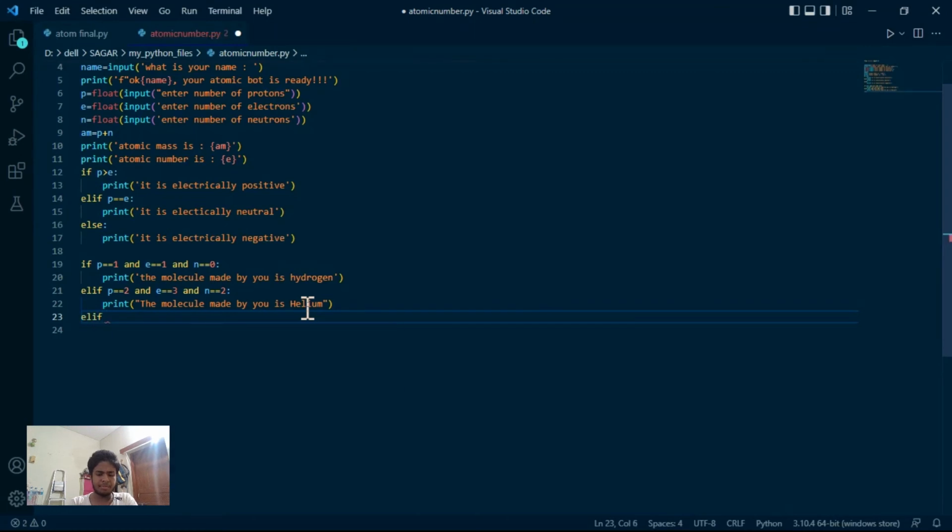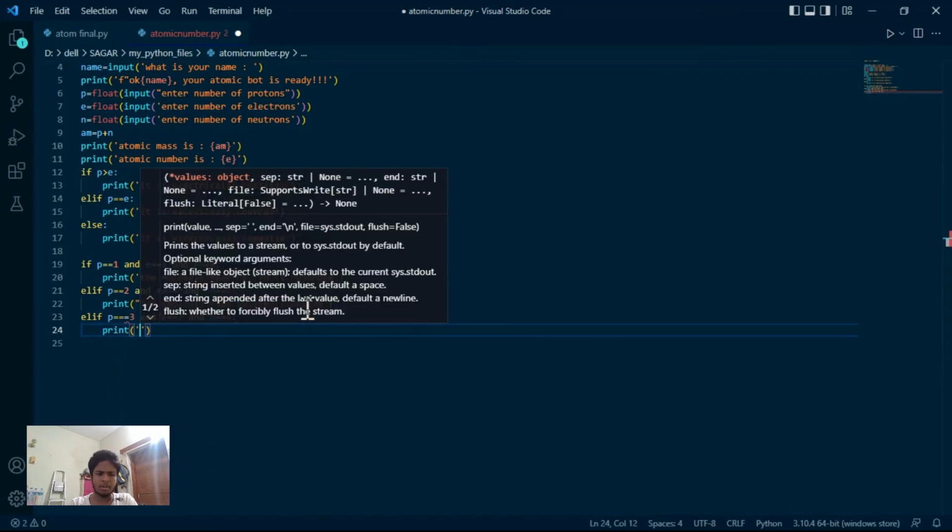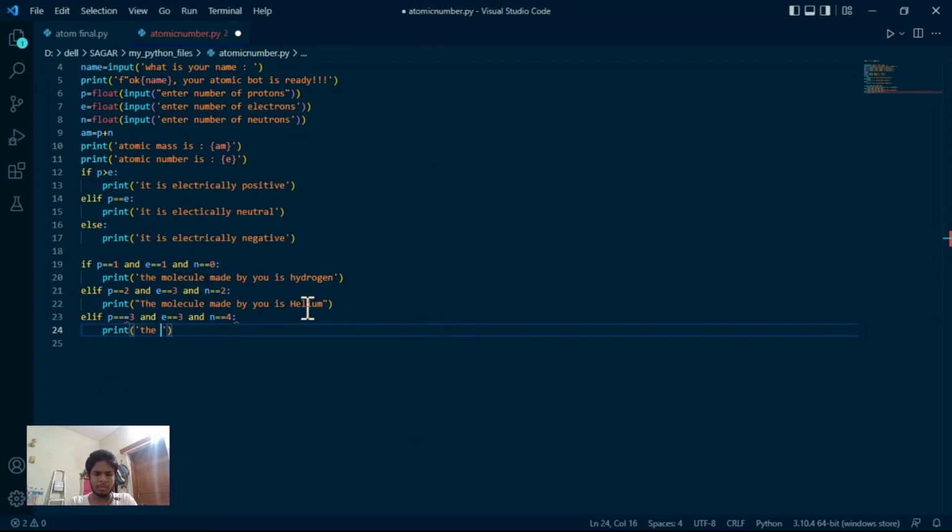Now else if P is equal to 3, and E is equal to 3, and the neutron is equal to 4, then print the molecule made by you is lithium. So we have to code like this.